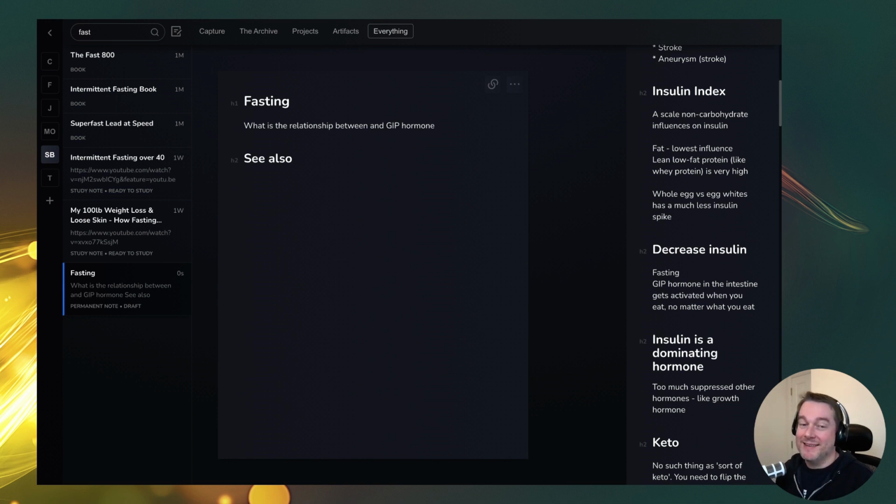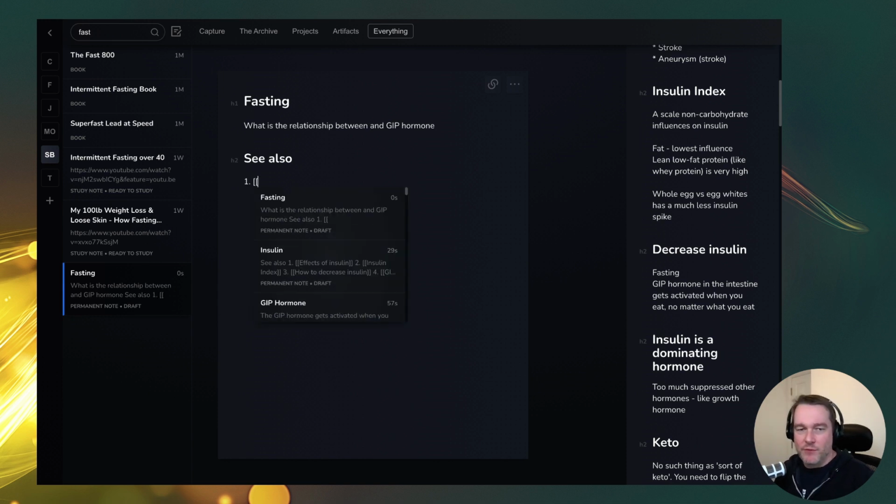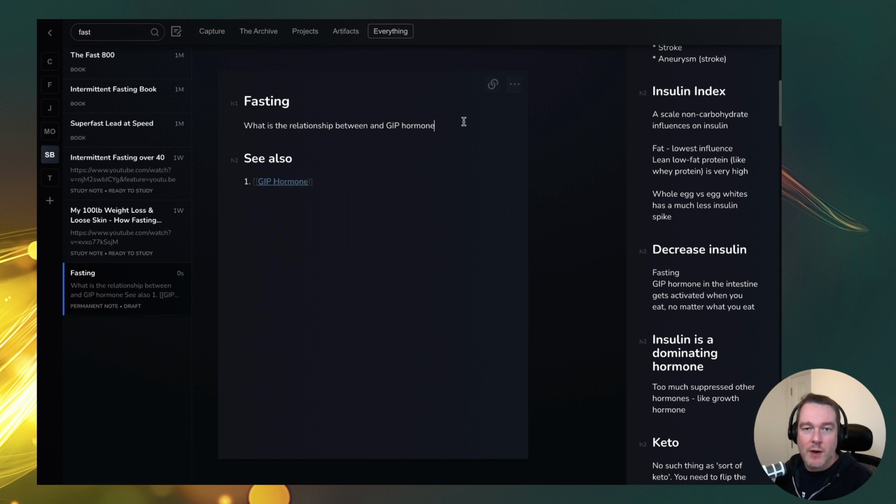Actually, this is where your thinking sort of forms itself. So let's put the GIP hormone here, and we can say by fasting you don't activate the GIP hormone because you are on a time restricted, limited eating schedule.